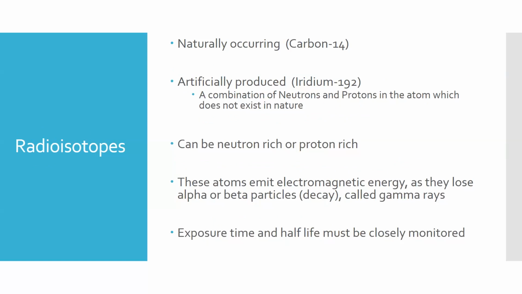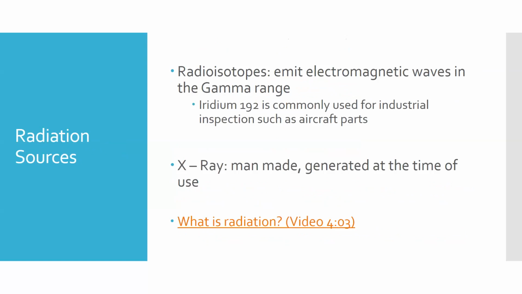The one thing I did want to say before we moved on: when I said radioisotopes, the reason we use those over X-ray is that typically these radioisotopes are fairly small pieces of material, so they can be put inside of things fairly easily, whereas an X-ray generation tube or generator can't fit inside of many spaces.